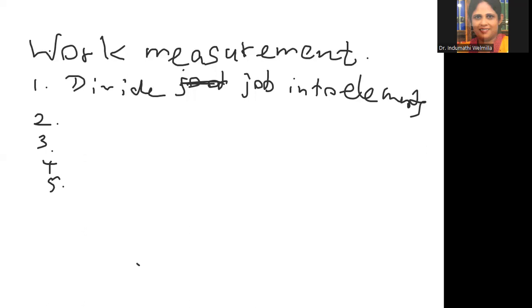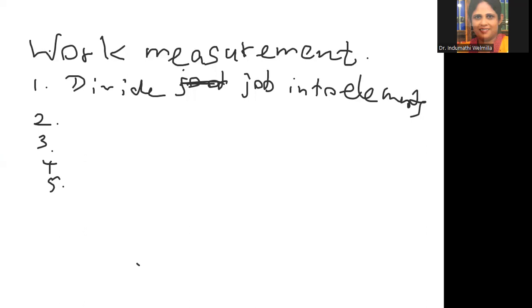As the name implies, work measurement measures the time a task or series of tasks takes, so that ineffective time can be differentiated from effective time. The first and main objective is a standardized efficient method for completing a task. With work measurement we can identify the standardized efficient method that can be applied to do the particular task.